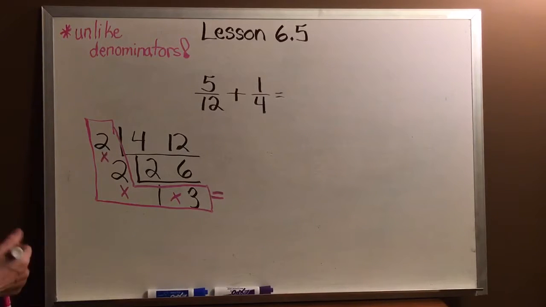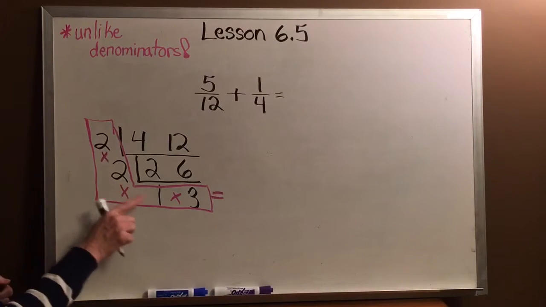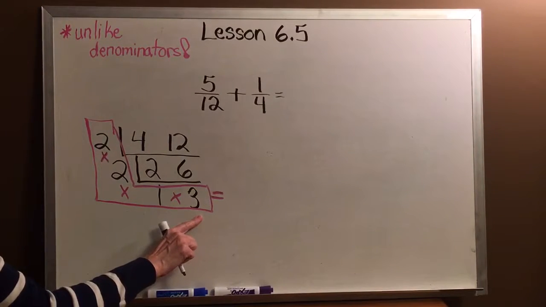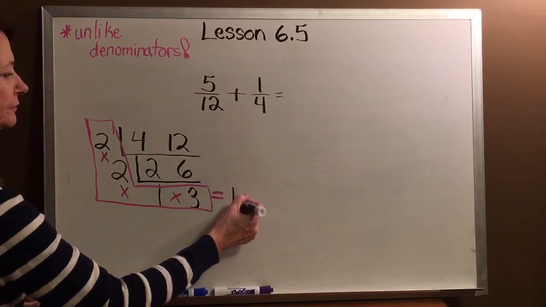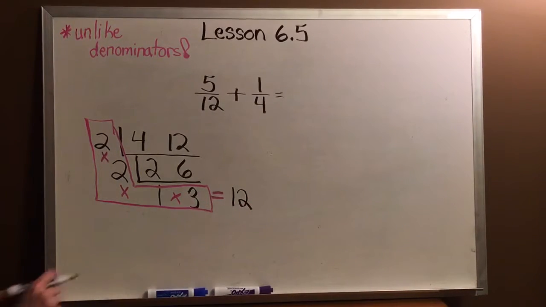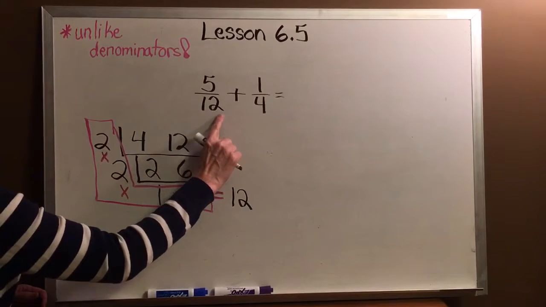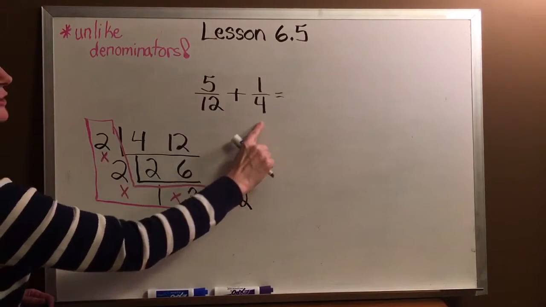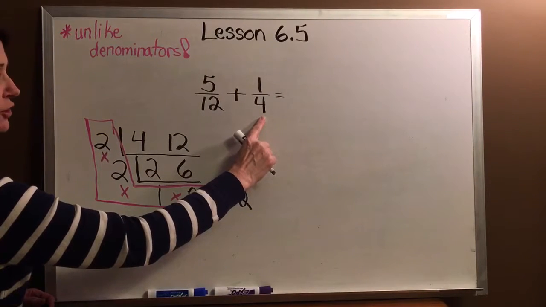All right, 2 times 2 is 4. 4 times 1 is 4. 4 times 3 is 12. This is going to be my common denominator. Now, as you can see, this is kind of nice because that means I don't have to do anything to 5/12. But I do have to change, make an equivalent fraction for 1/4.